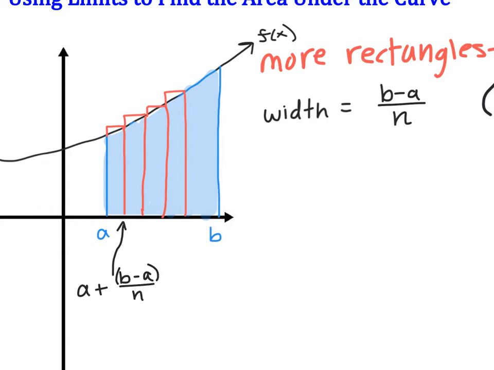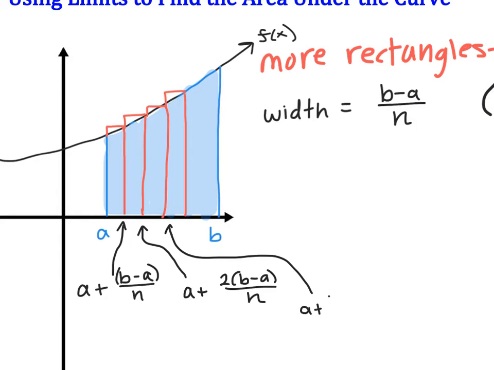Okay, let's see if we can find a way to describe this x value. Well, that x value is just a plus a width plus a width. So we can describe that as a plus 2 times b minus a over n, 2 of our widths. And then maybe you're catching on, this can be described as a plus 3 times b minus a over n.